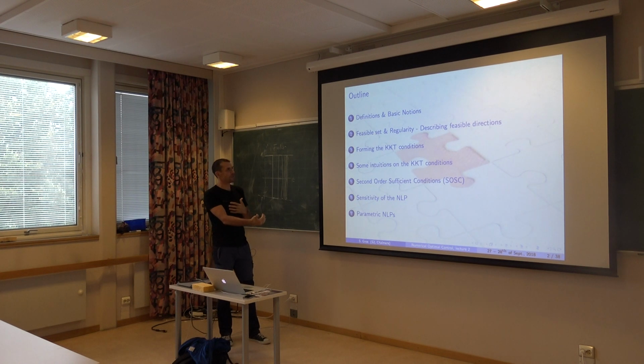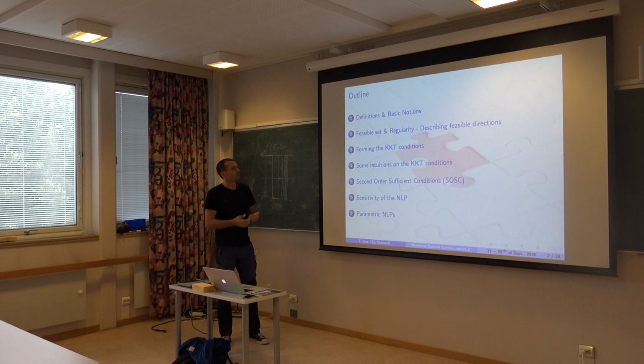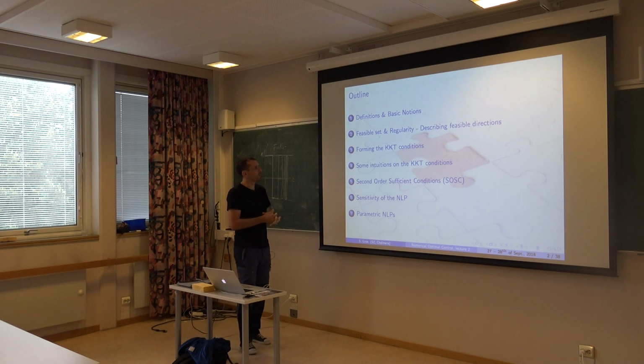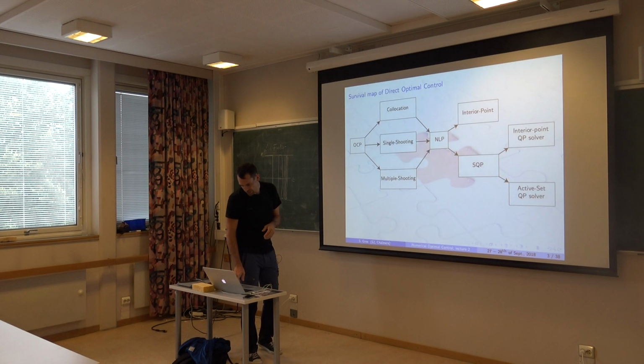Once you understand them, it's often fairly easy to understand what the NLP solver is talking about, with all these reports and displays when you call it. It's a bit easier to understand once you understand the KKT conditions. So that's the menu. We'll talk about these things.